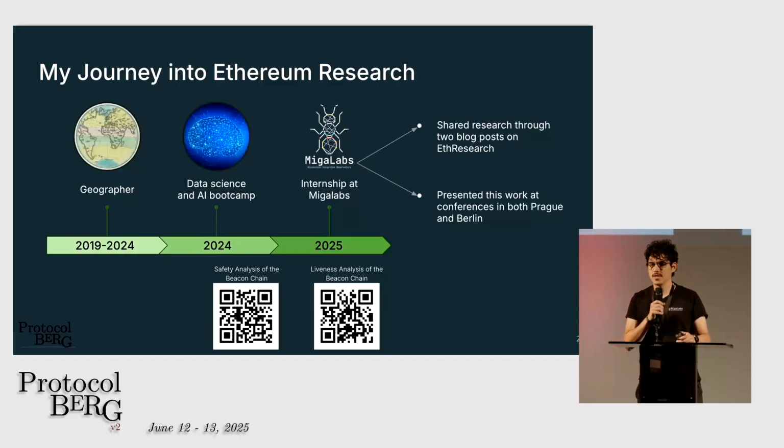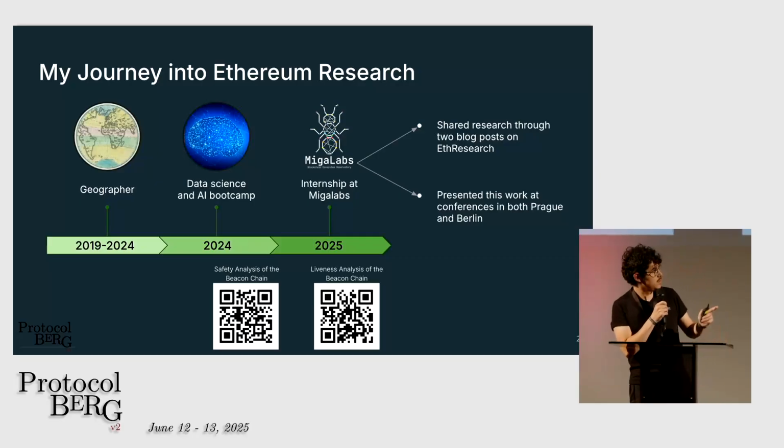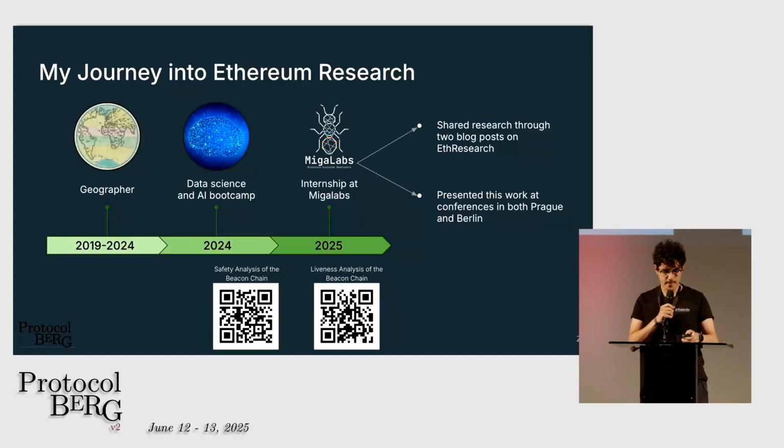At the end of last year, I had the opportunity to do an internship with Miguel Labs, which I finished two months ago. We managed to publish two blog posts on our research about this topic. Here you have the QR code if you want to go deeper into the work we did.